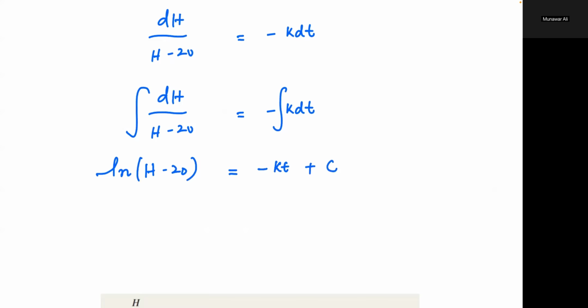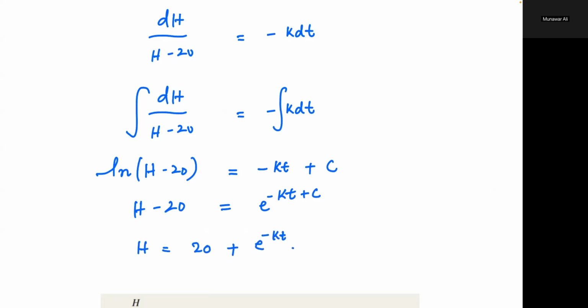And obviously, to rewrite this in some explicit form, we have to take the exponential, which gives me h minus 20 is equal to e to the negative kt plus c. I'm going to add 20 on both sides: 20 plus e to the negative kt times e to the c.